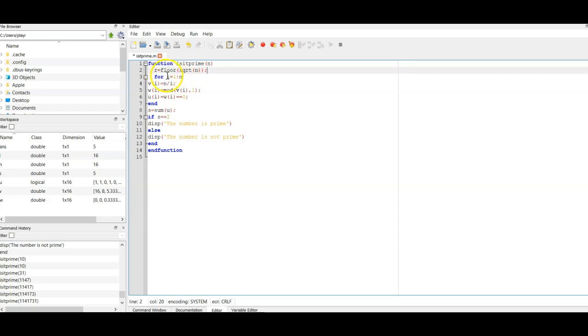And now instead of going from 1 to n, I'm going to go from 1 to r. And we're still going to do the same thing. We're going to divide n by i, right? But it's stopping at the square root, or the floor of the square root, the closest whole number below it.